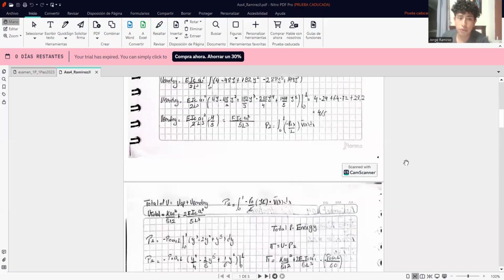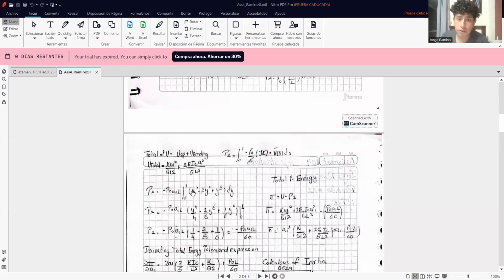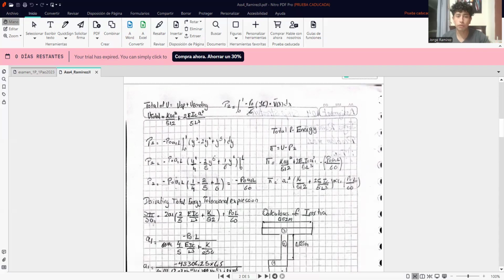After that, you need to have the total U of the springs, the total of the energy. You need to add these values. But after that, you need to have another component of the formula. In this case, it is the P, and also you need to propose another function. This function you will integrate, and after that you need to add the values.